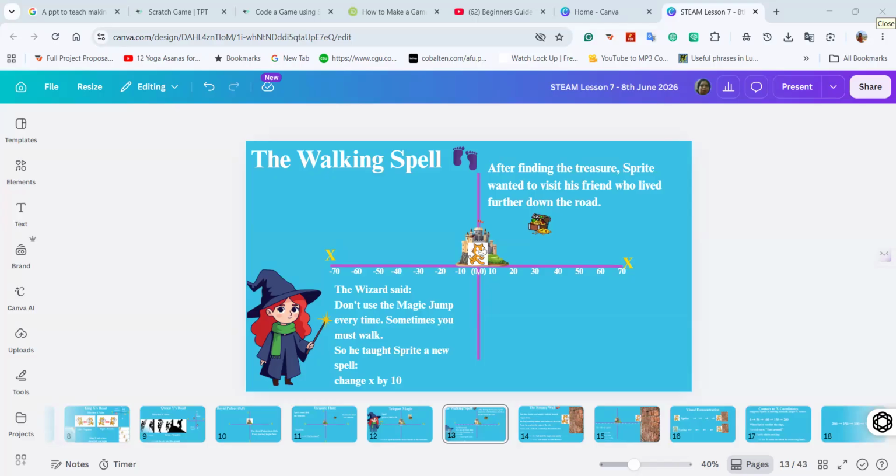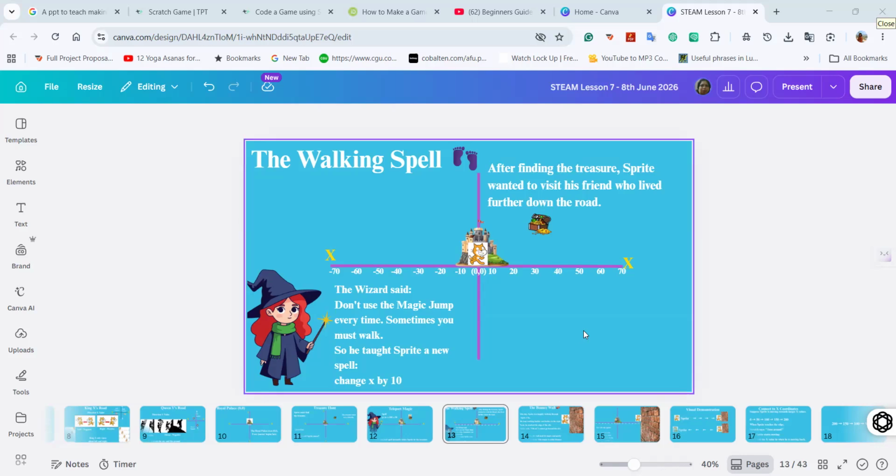I have written 0, 0, but I remember telling you it always has to be inside the brackets. The coordinates need to be always in the brackets, not open. Okay, I'm happy that you all remember that 0, 0 point.